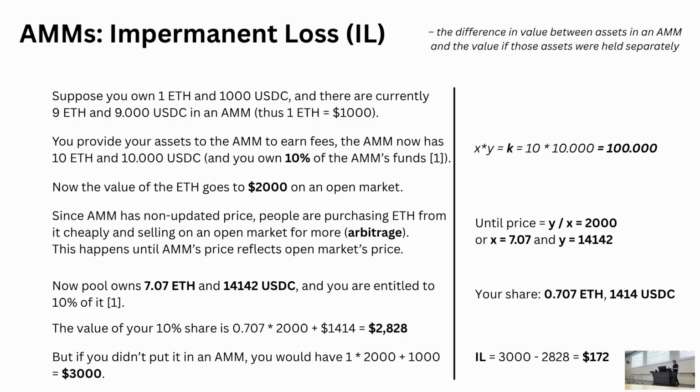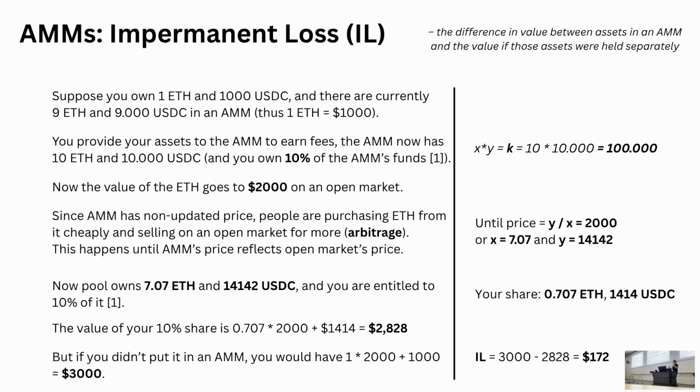The math behind that is relatively simple. So now the AMM has 10 ETH and 10,000 USDC. So still the price of 1 ETH is $1,000, and you own 10% of the AMM's reserves. So the K in this example is going to be equal to 100K.